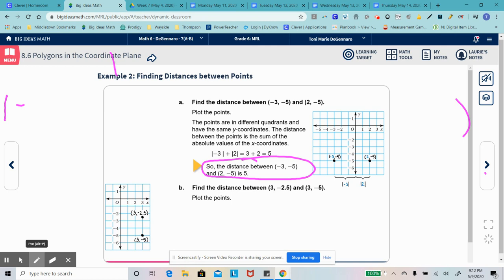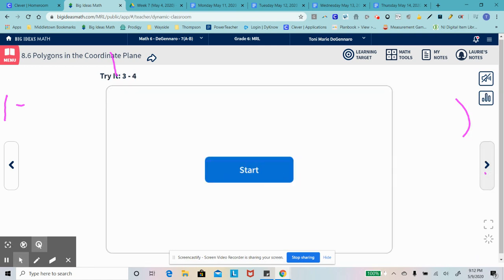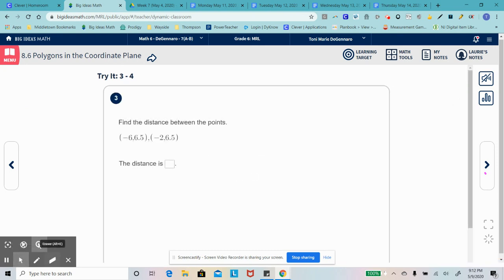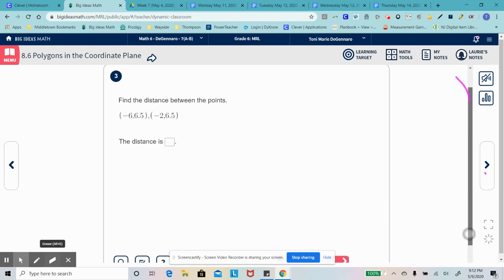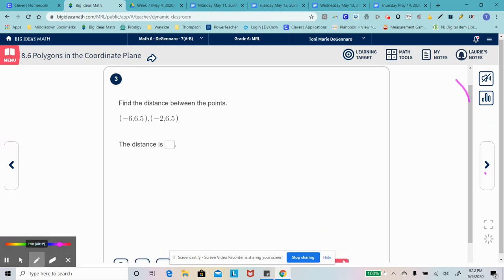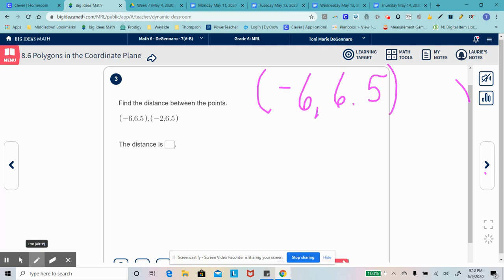All right, so let's go to our try-its. And I'm just going to erase a little bit here. We just have 2 try-its to do. Okay, so it says to find the distance between the points -6, 6.5 and -2, 6.5.